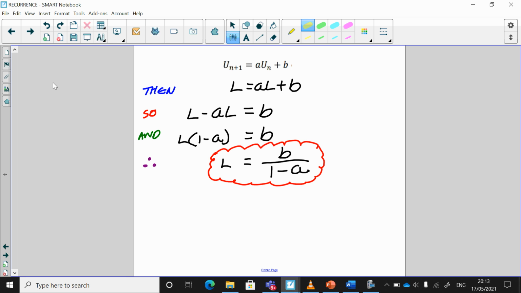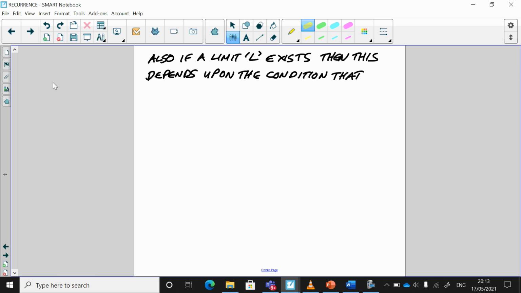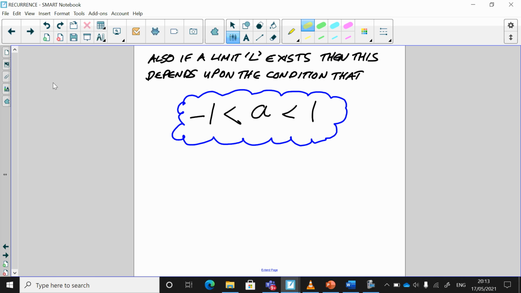Right, so can we find a limit? Well, if a limit exists, this depends upon a certain condition. It depends on the value of A. I sometimes call that the multiplier. A has to lie between two values, -1 and +1. -1 and +1 are not included.